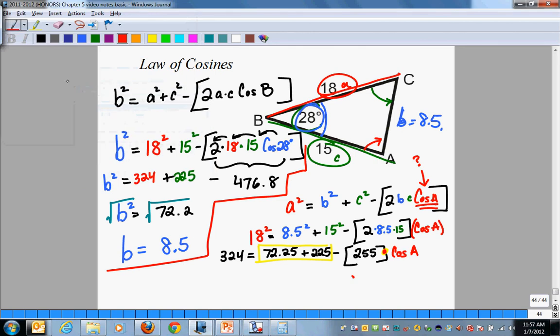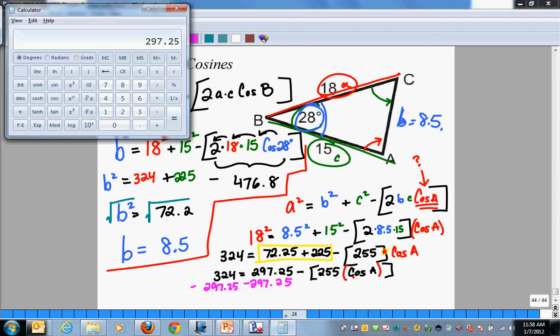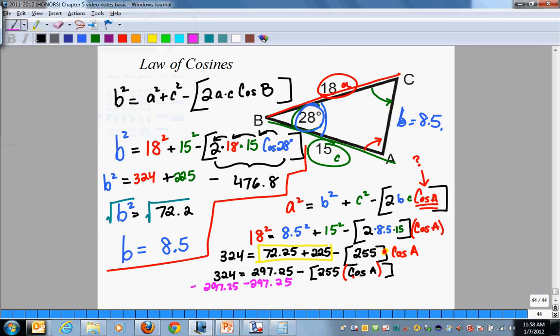So our next line looks like this. 324 equals 297.25 minus 255 times cosine angle A. Okay, now what we need to do is subtract 297.25. 324 minus 297.25 equals 26.75.